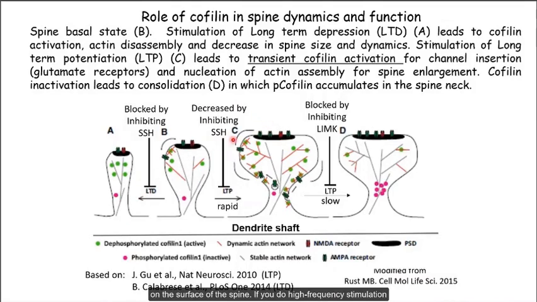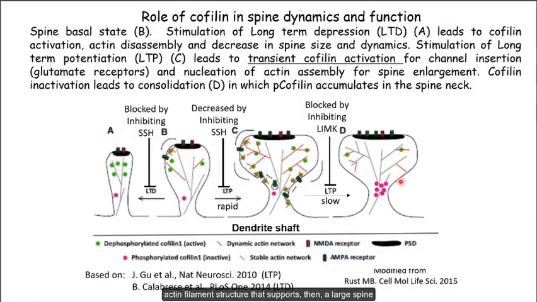If you do high-frequency stimulation or chemical LTP stimulation, you get a rapid activation of cofilin, which leads to more nuclei for assembly of actin in the spine, and then you get a rapid inactivation of cofilin, and the phosphocofilin can be seen collecting in the neck of the spine.